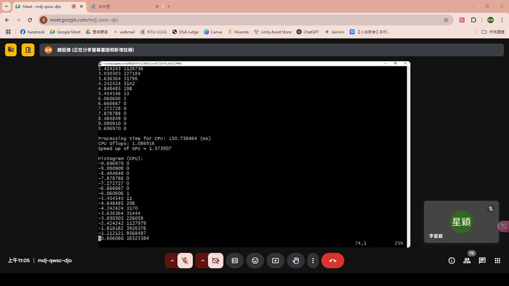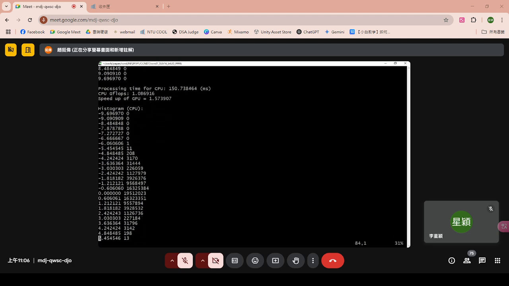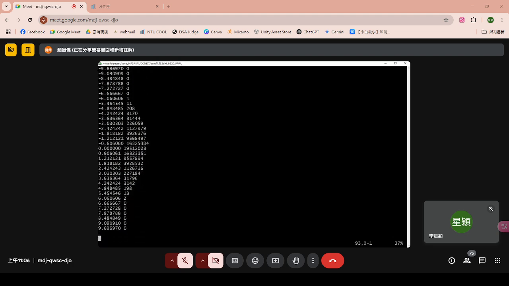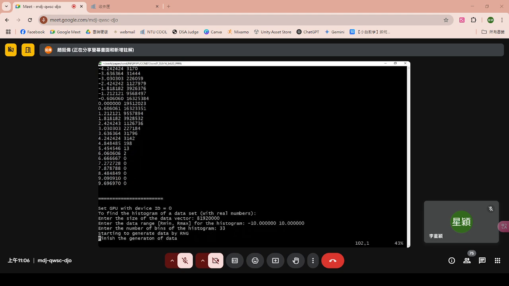The CPU takes 150 milliseconds, so the GPU gets a speedup of about 1.57, or 1.6. And the histogram produced by the CPU and the GPU is exactly the same.